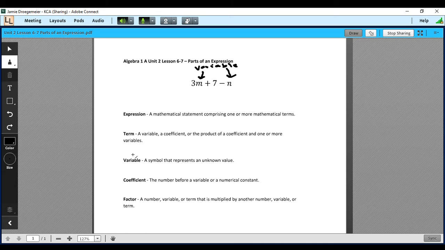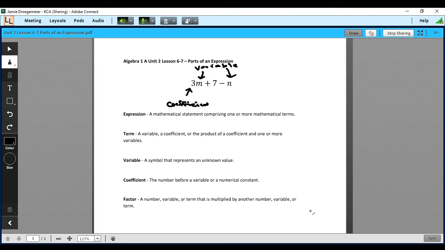So in this case, 3 is a coefficient. It is the number before our variable m. You could also say that 7 is a coefficient. It's a numerical constant. It doesn't have a variable that is a part of it.